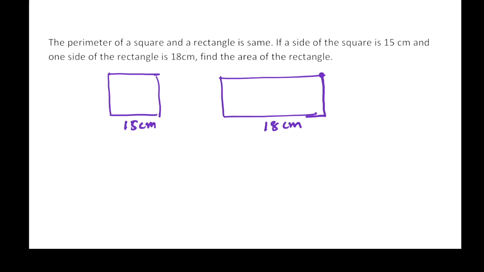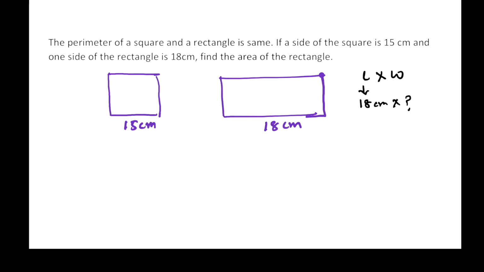To find the area of the rectangle, we need length and width. Length is already given, which is 18 centimeter. We don't know the width, but the information given in this problem is enough to find the width. Let's do it.